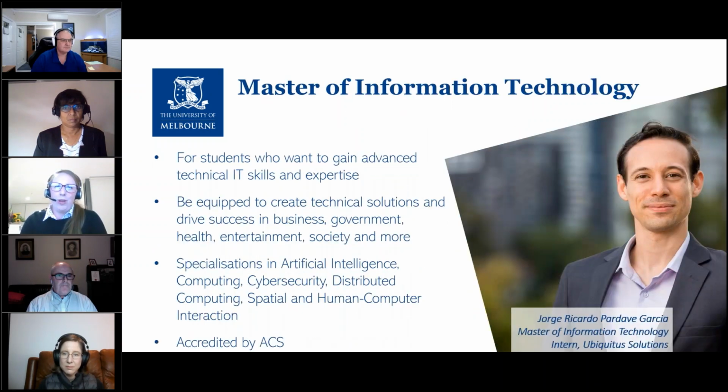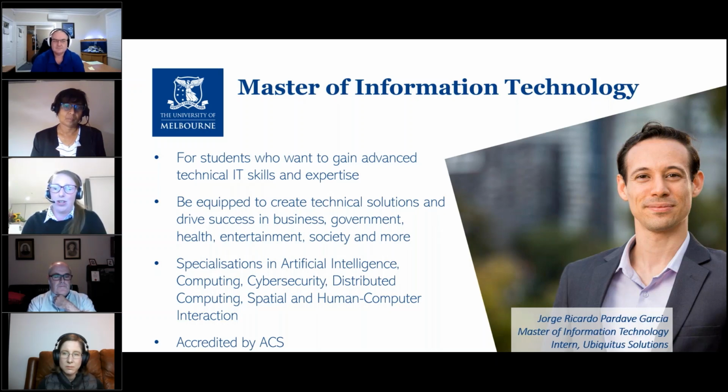For the Master of Information Technology, this is for students who would like to gain technical skills in IT, so you'll become an expert in those skills. As you can see, we have quite a few specializations on offer: artificial intelligence, computing, cybersecurity, distributed computing, and human-computer interaction.